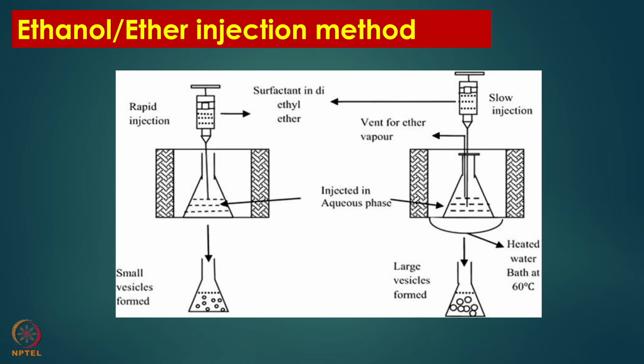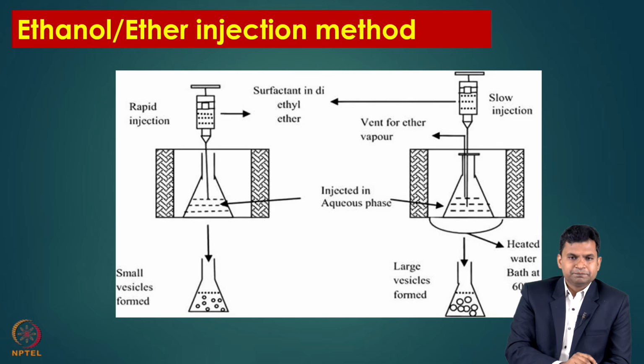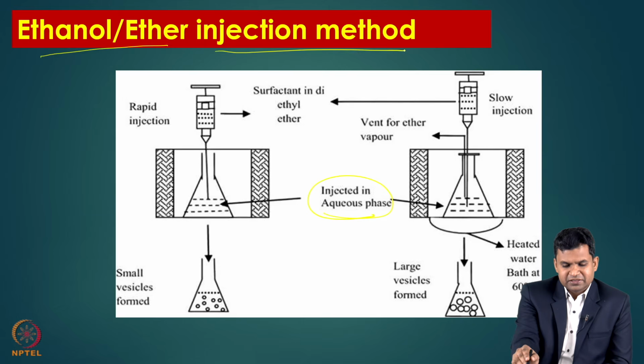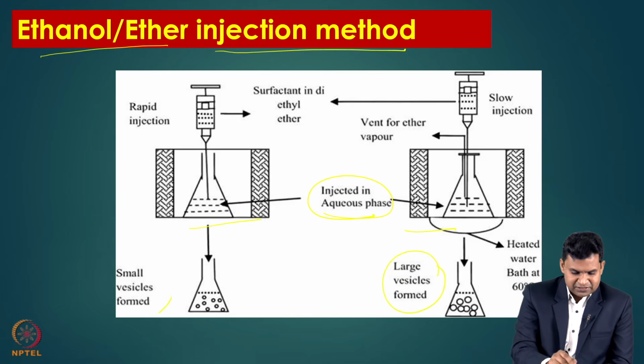And the third one is the ethanol and ether injection method. In both cases, ethanol and ether are the solvents in which we dissolve the lipid, and then it is transferred into the aqueous phase with an injection. You dissolve your lipids and, if required, some surfactant, and then inject into the aqueous solution, where you will get vesicles.